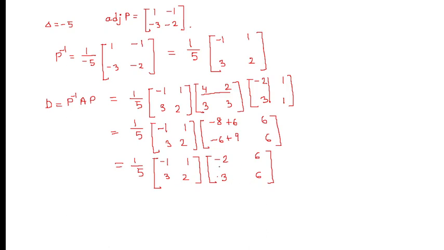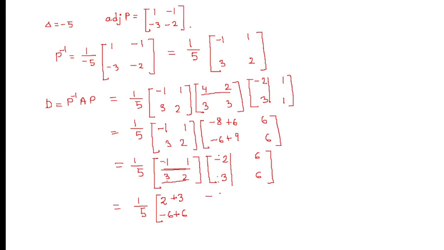Okay. Now what we have to do? We are going to multiply this with this. So 1 by 5, if I multiply this row with this column, minus 2 into minus 1, so it will be plus 2 and plus 3. Then this is becoming minus 6 plus 6. Next, this one with this column.